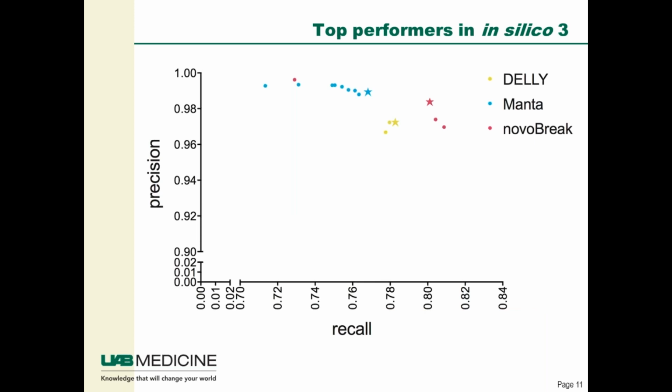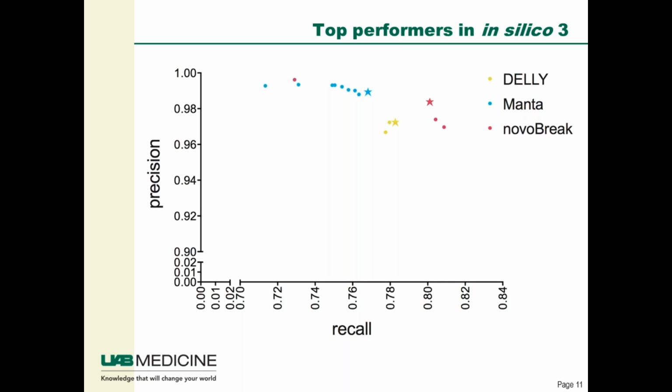In silico data 3 is the most challenging data set because there are 3,000 structural variations introduced, including deletions, insertions, inversions, and translocations. There are also some clones in the data set, and indels are simulated.